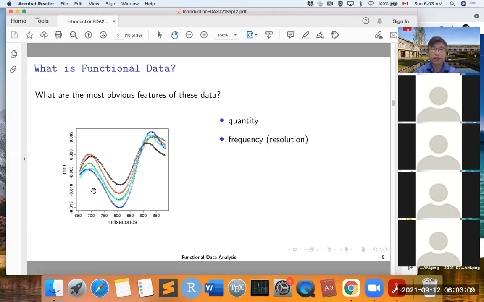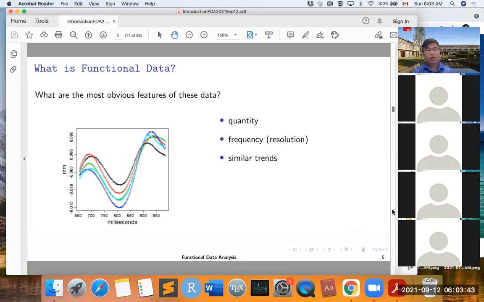When we think about a function, we typically want the function to be continuous, and we want many very dense observations for the function. But I will show you later that, with the development of functional data analysis, we can now handle very sparse functional data as well.